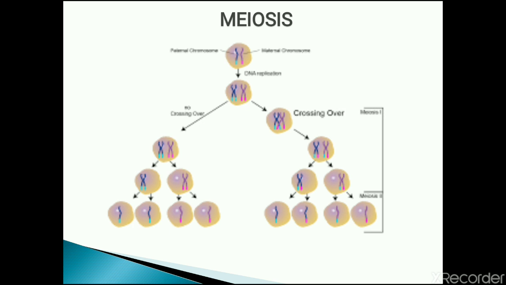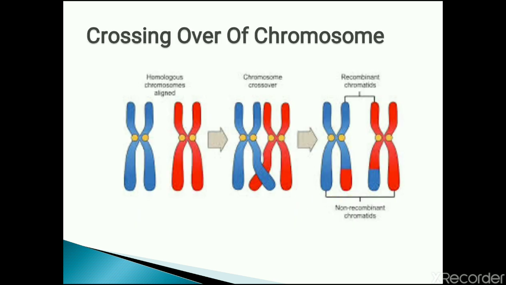So as the number of chromosomes is fixed in each individual, the number of chromosomes in the gamete should be reduced to half so that on fusion, the zygote has the original number of chromosomes as that was present in the parent cell. So it will give rise to the same kind of individual.